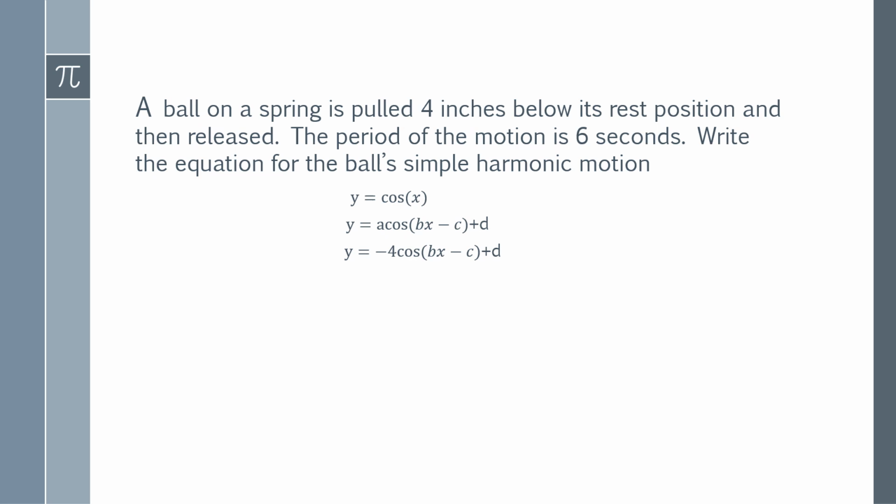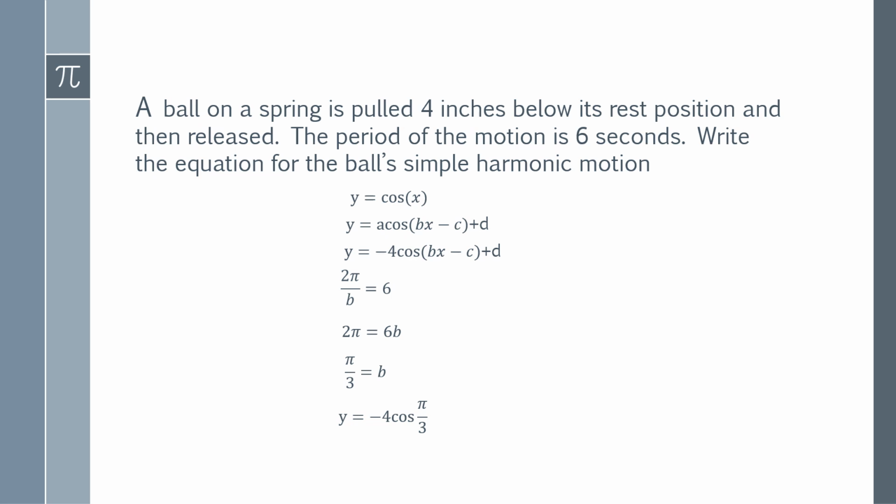And the best way for us to know our period is using the formula 2 pi over b, which is 6. But to get b, you have to multiply both sides by b, and you get 2 pi equals 6b. Now, the question is how are you going to get b by itself. So, of course, we divide by 6, and we get pi over 3 to be b.